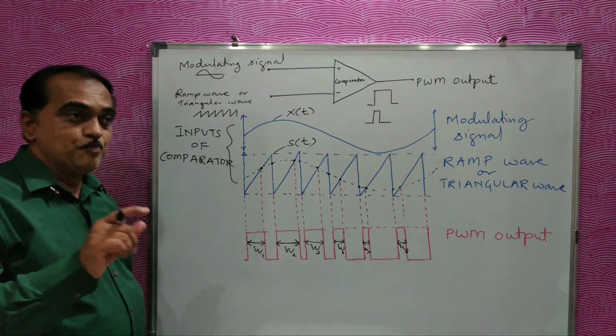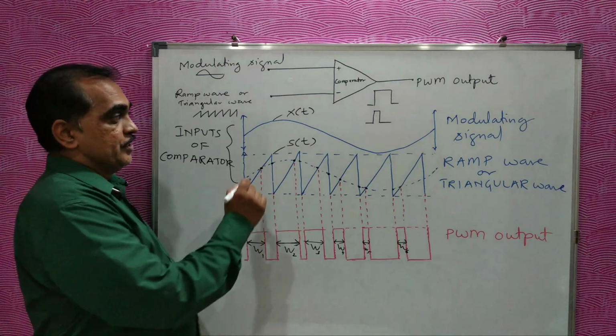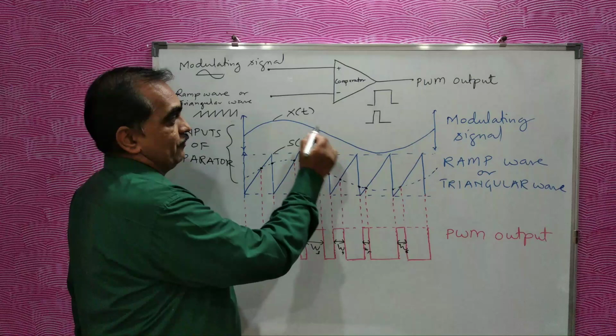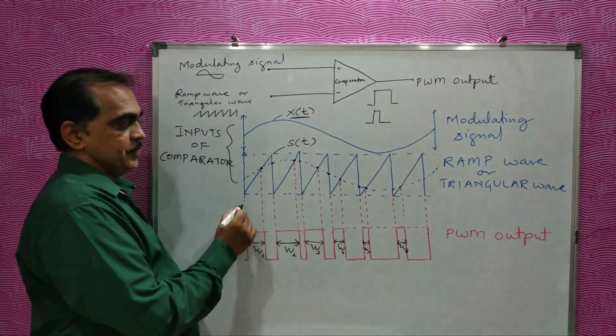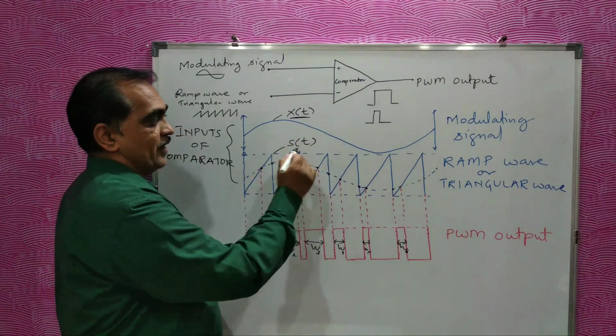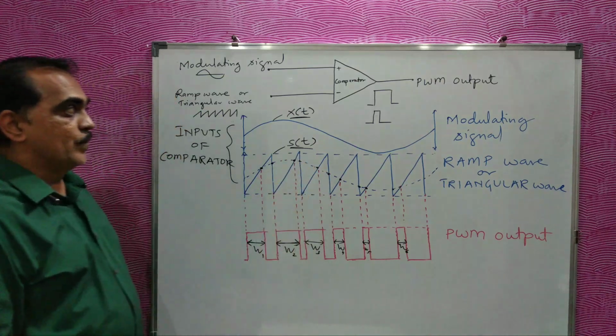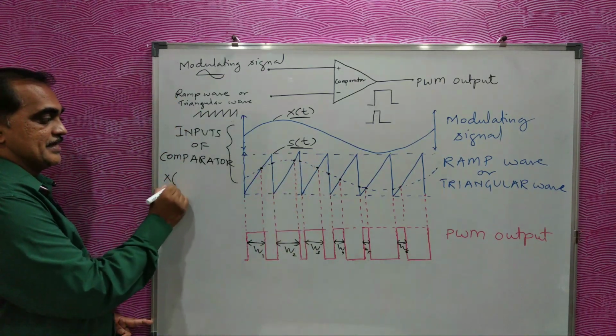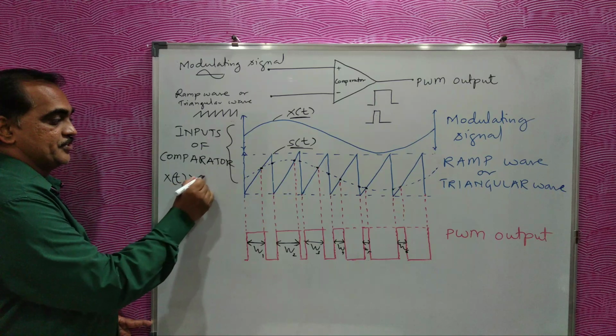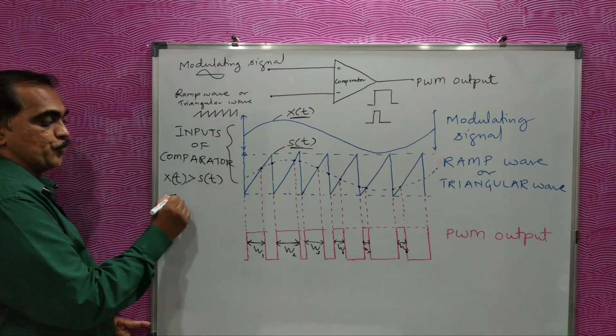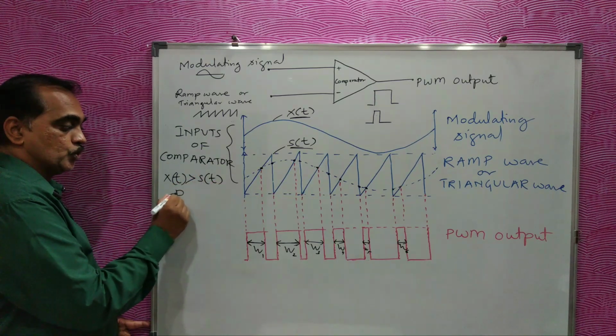Now, one more condition is there. If you name this analog wave as x(t), and this ramp wave as s(t), then whenever x(t) is greater than s(t), the output will be more positive.